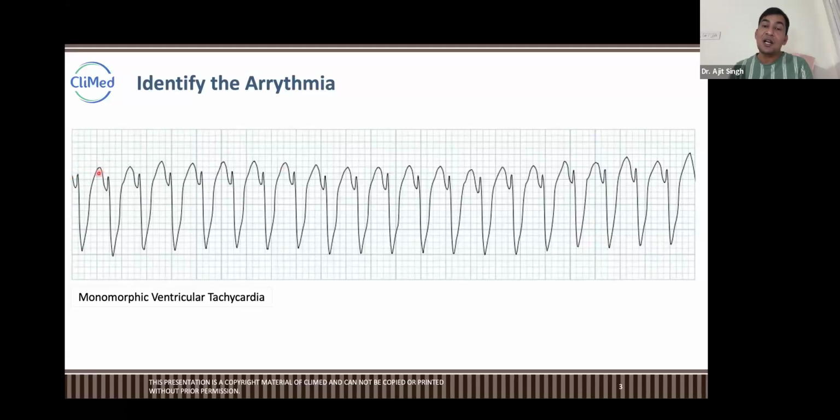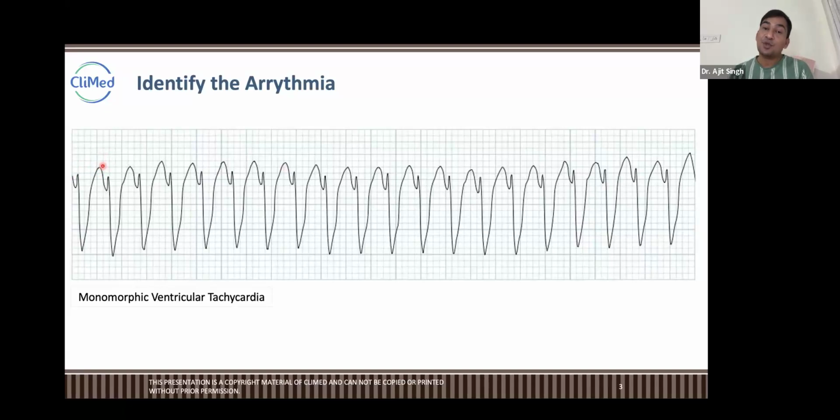That means it is broad and beyond a limit or range, more than 120 milliseconds. In simple terms, more than two and a half small boxes.